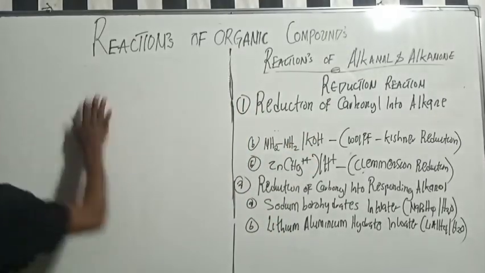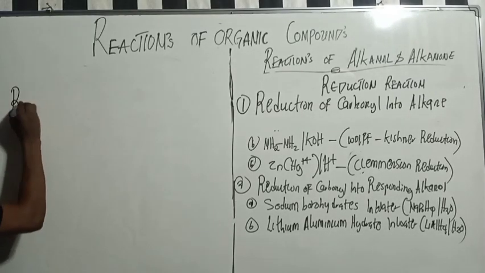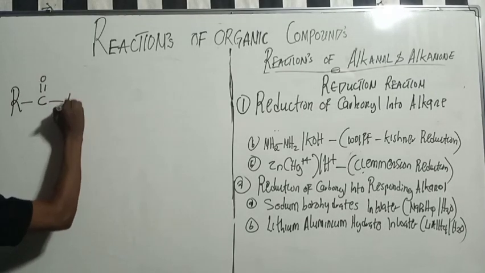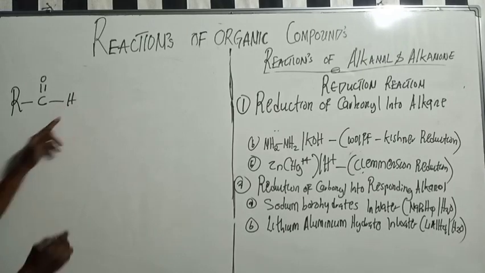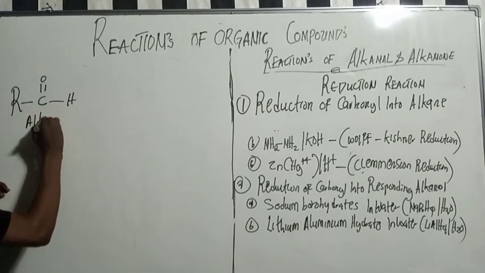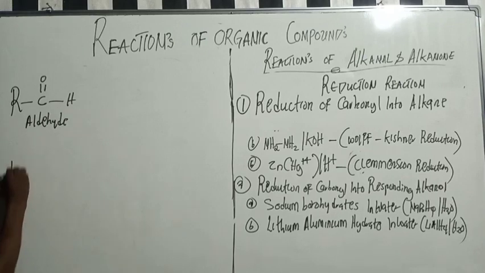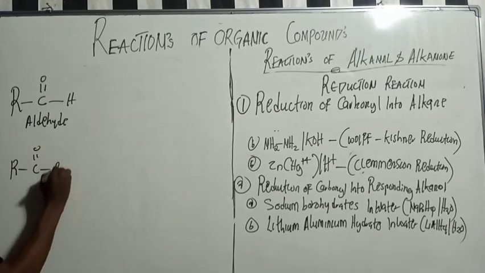So for example, here we have a carbonyl, this is called an aldehyde functional group, and this is called a ketone. You understand?